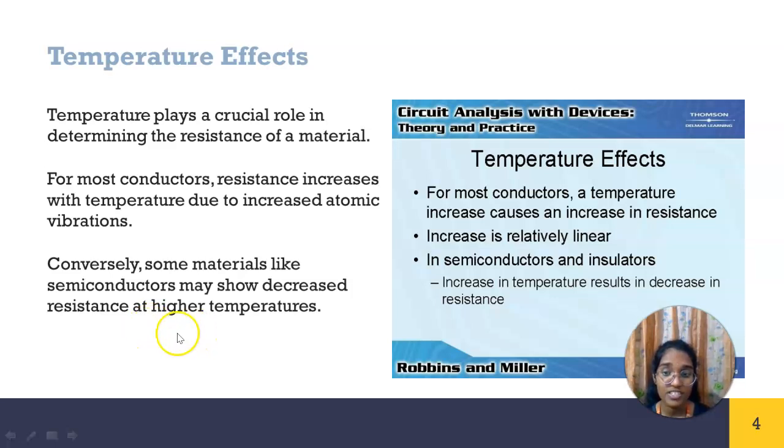If you increase temperature, the resistance of semiconductors decreases, because these are inversely proportional. Whereas for conductors these are directly proportional. So if you increase temperature, the resistance of the conductors also increases due to atomic vibrations.